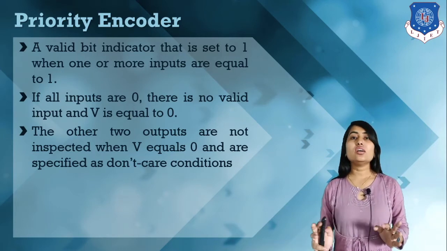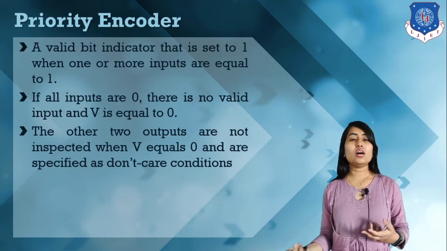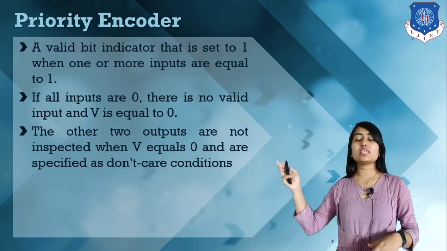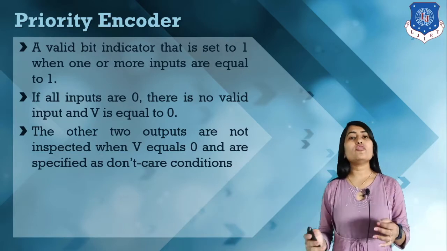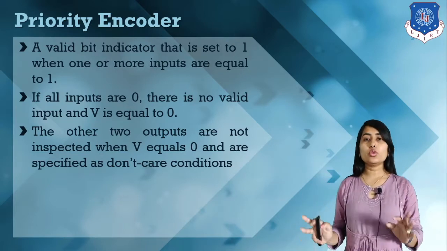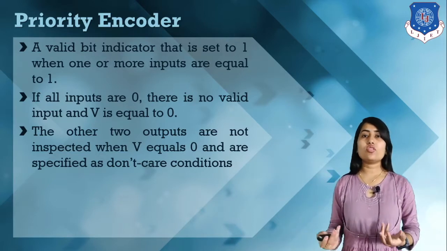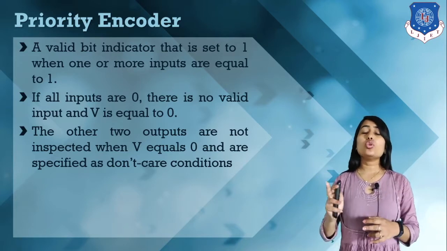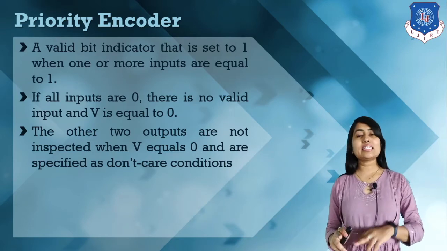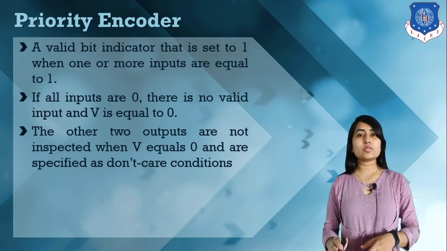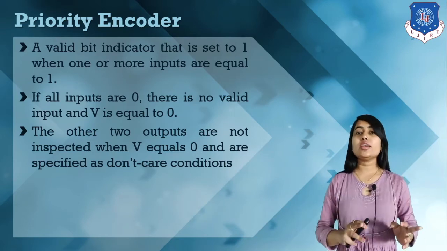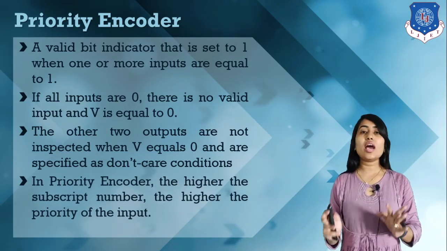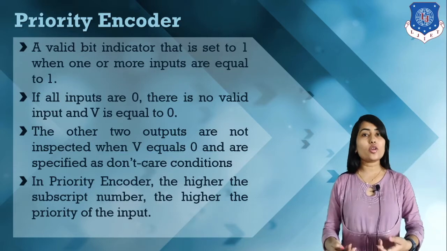In an encoder we have the inputs D0, D1, D2, D3, D4, D5, D6 and so on. If we have a 4 input encoder, that means we have 4 input lines D0, D1, D2, D3. A higher subscript number indicates a higher priority, so higher subscript numbers have higher priority.